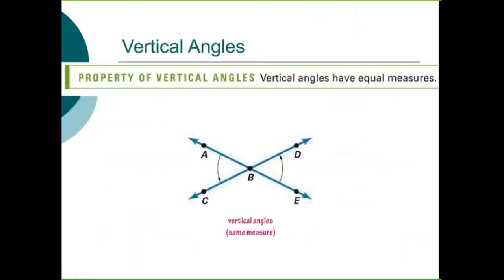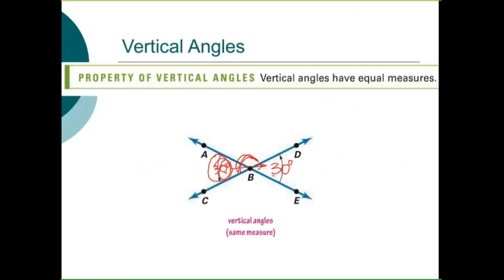So vertical angles are an important property in geometry where if you have an angle here, and let's say this was 30 degrees, then this angle over here also has to be 30 degrees. And if these are 30 degrees, then there's also a special property that says if this is 30 here, then it has to add up with 180 degrees with this part.